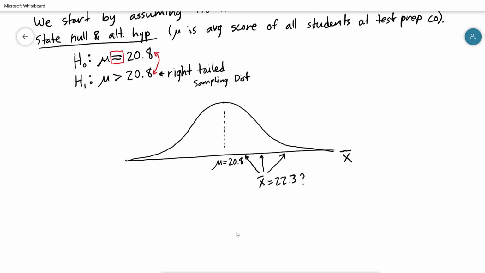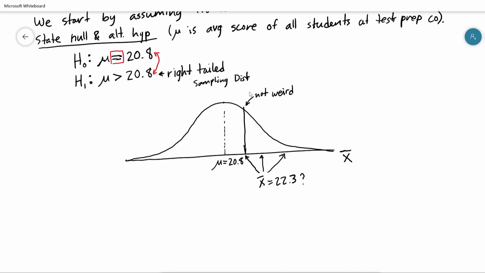So the question is, where does this result fall? If it falls here, if this is where that cutoff is, that's not a very weird result, right? It's pretty close to the result that I was expecting, 20.8.